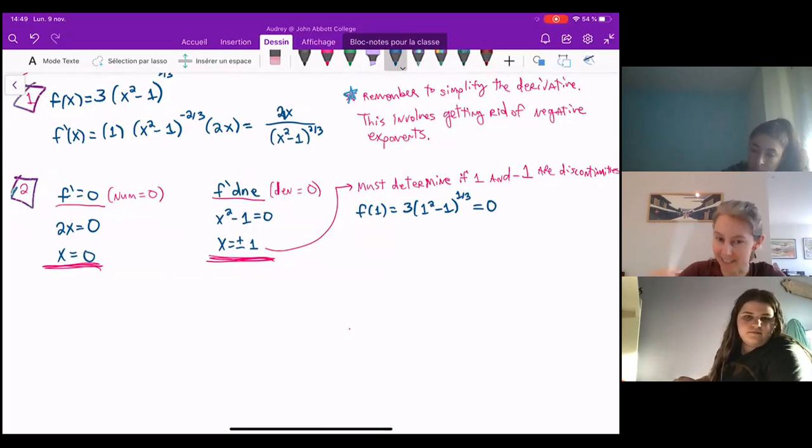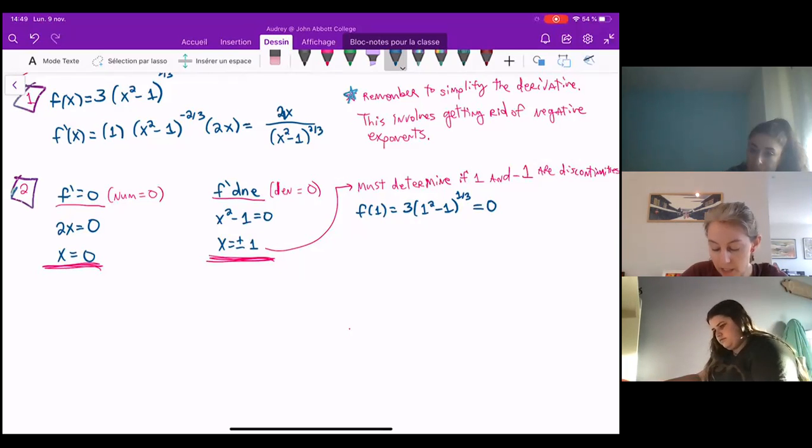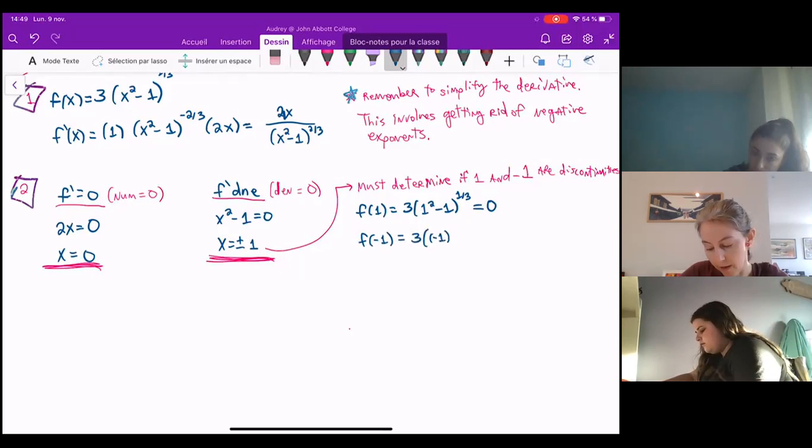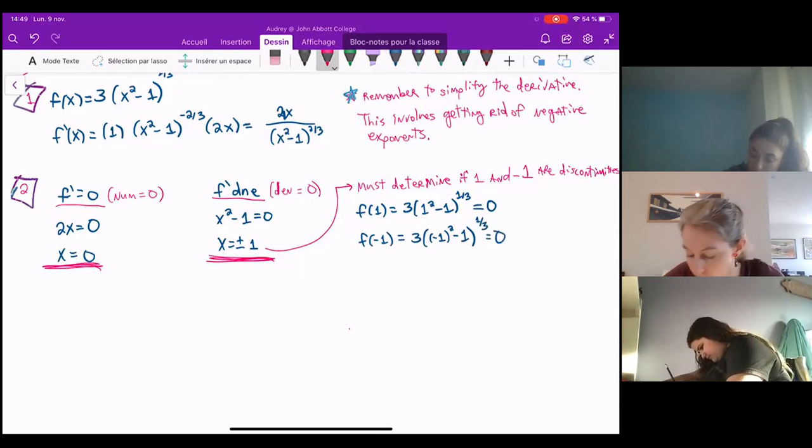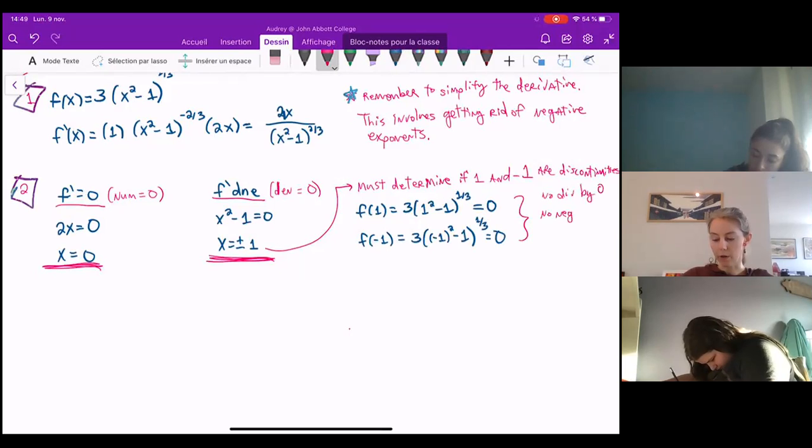Yes, 0 exists. So this is not a discontinuity. We didn't get any division by 0. We didn't get a negative under a square root. So when I plug in the -1, I actually get the same value. So here, no division by 0, no negative under a square root, f is continuous.